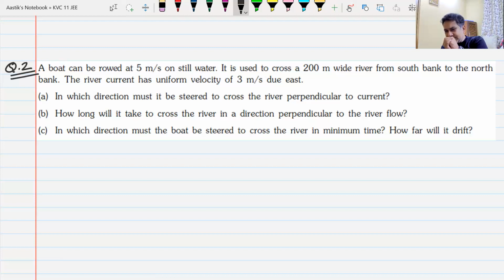That is the minimum time. That is not the time to cross the river in a direction perpendicular to river flow. Sir, 50 seconds. 50 seconds is correct.